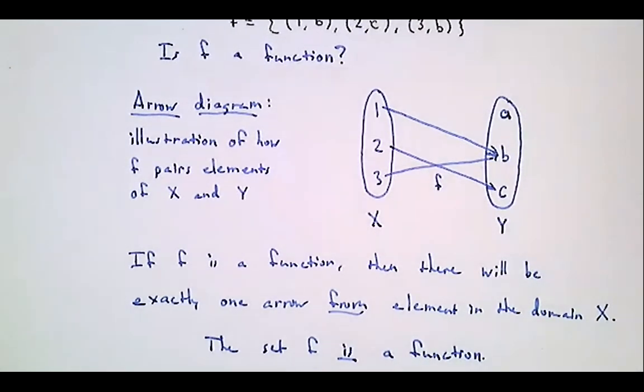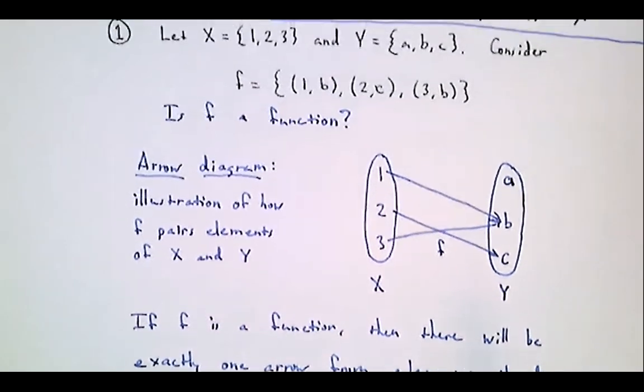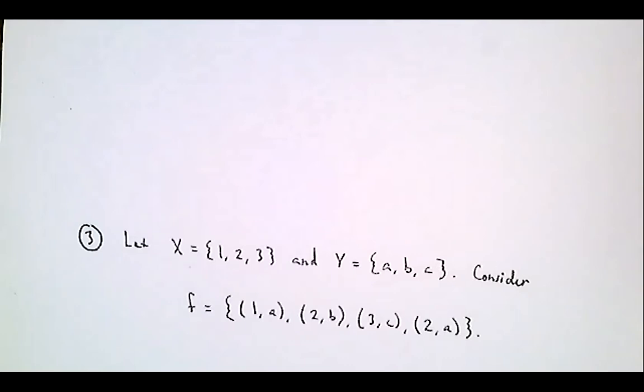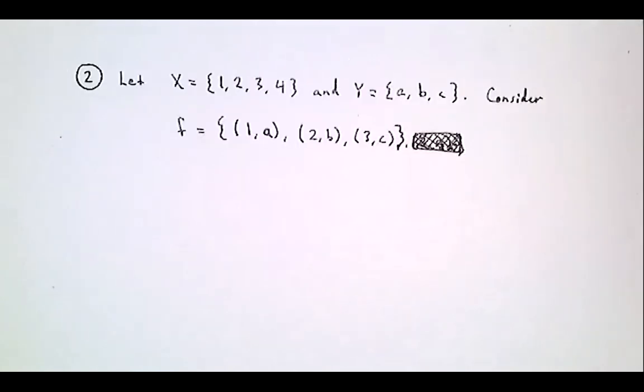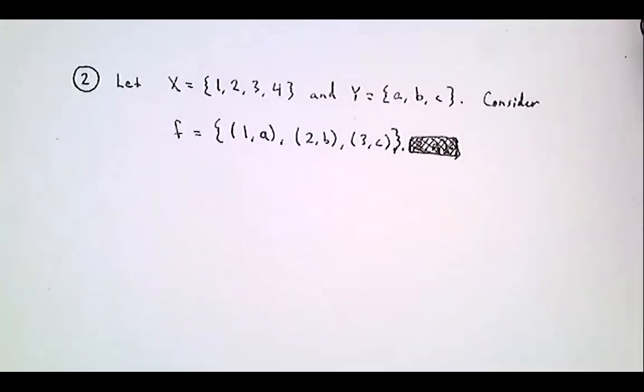Okay, any other questions before we move on? Okay, so if there aren't any questions, we'll move on to the next page and look at a couple more examples using these ordered pairs.